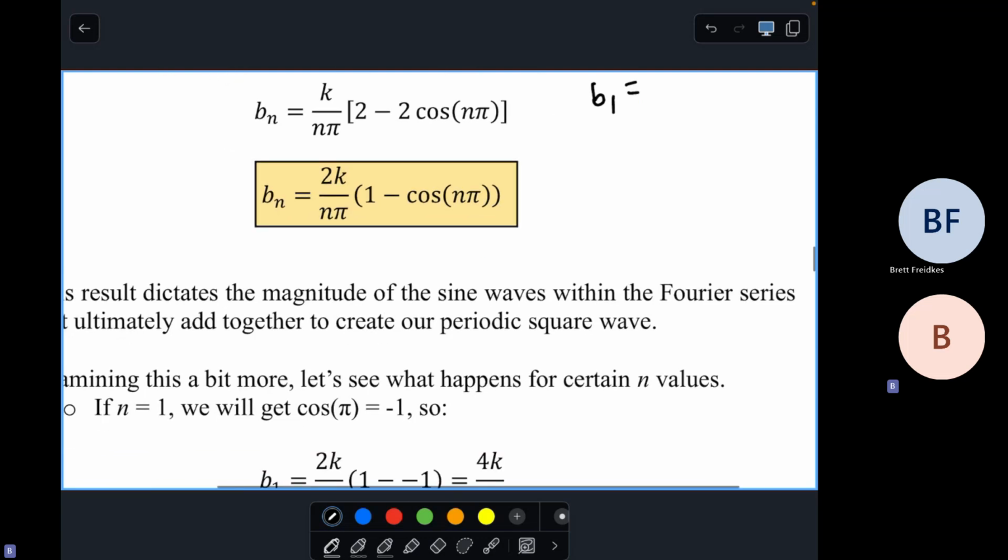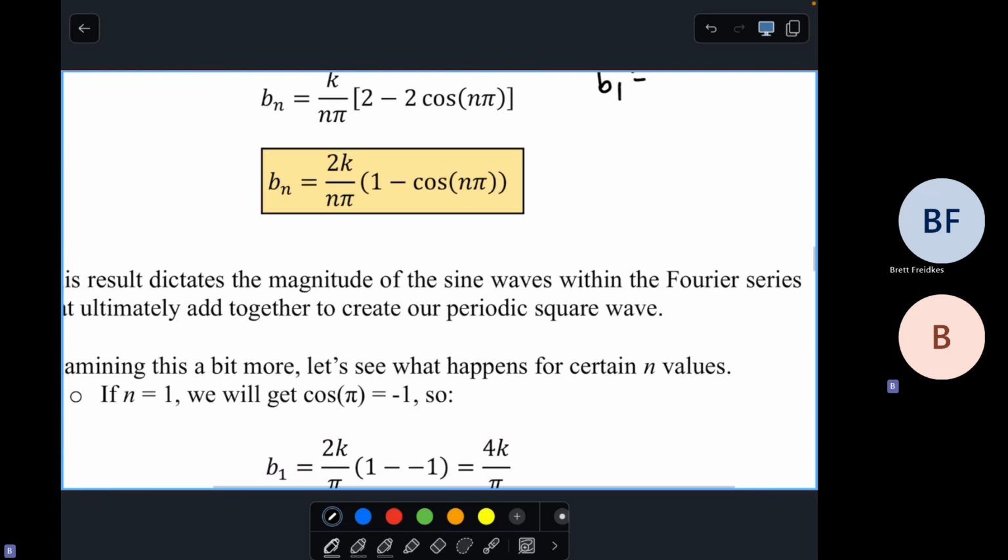Again, let's think about this. Our Fourier series is a naught plus the summation of a_n cosine n omega t plus b_n sine n omega t.